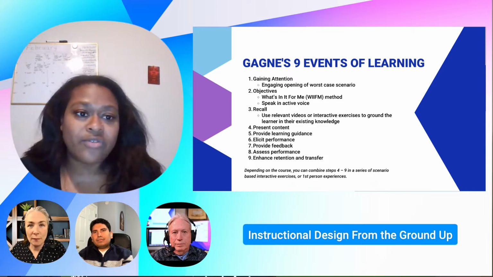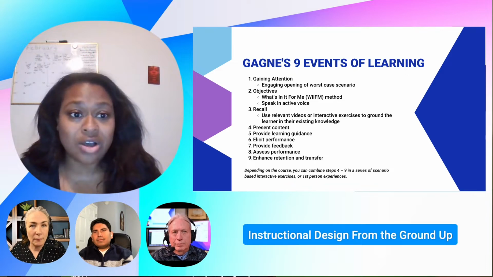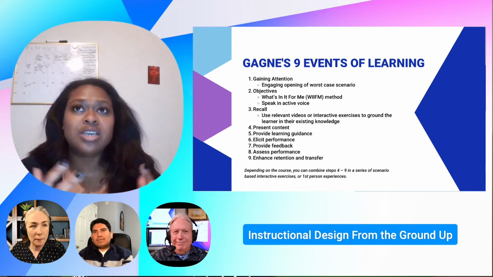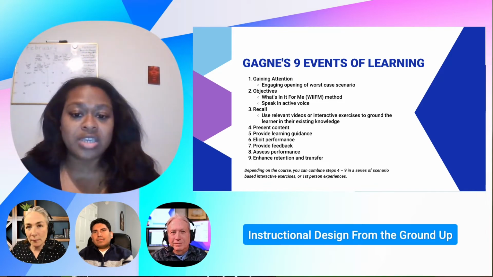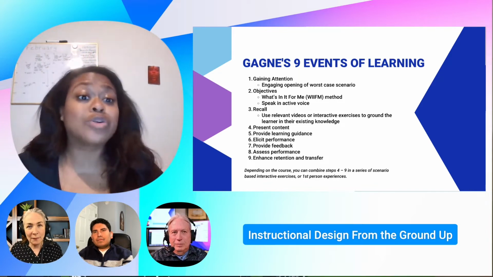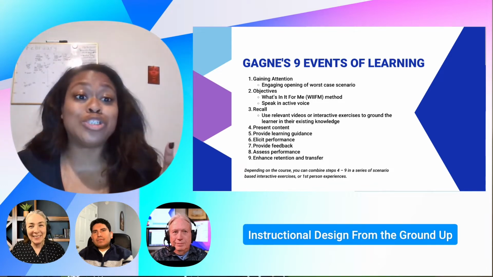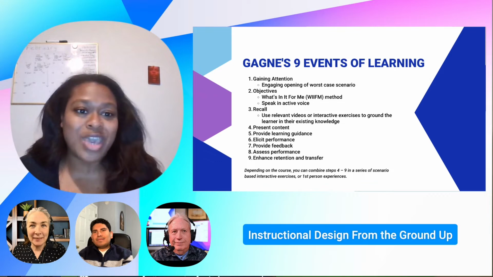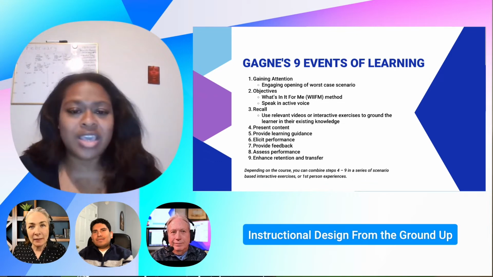And I believe in following the what's in it for me method, or WIIFM, as it's called. Instead of traditionally using the phrase, upon completion of this course, the learner shall be able to do X, because you're in an online space, you want to make it more engaging.